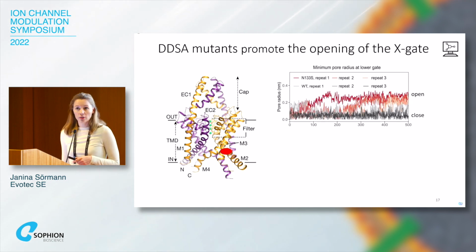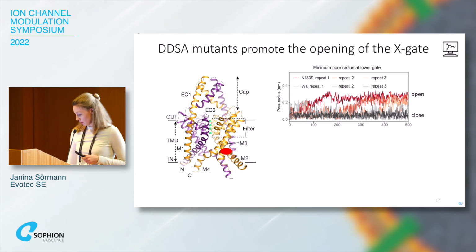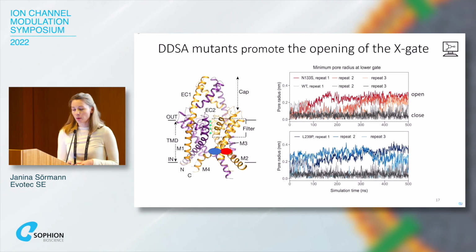However, inserting the N133S mutation into the M2 helix shows an opening event in 3 out of 3 runs of the X-gate. This area opens. And the same applies when inserting the L239P mutation into the M4 helix. So we now know that the DDS mutation causes the opening of the X-gate.